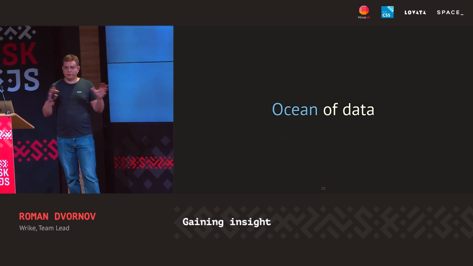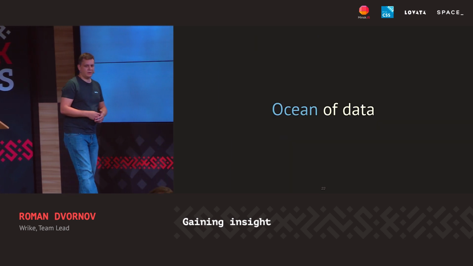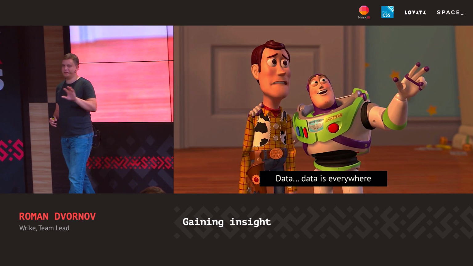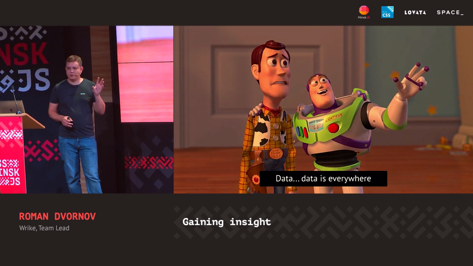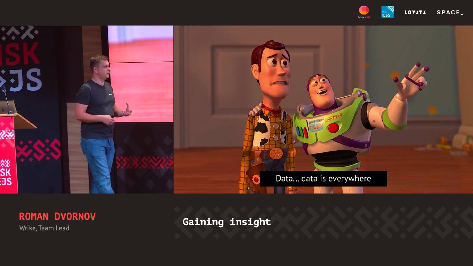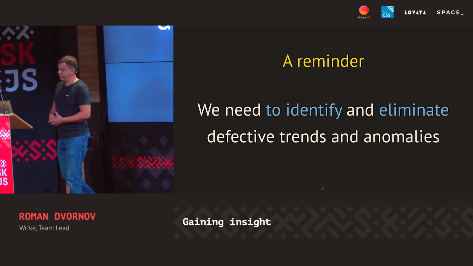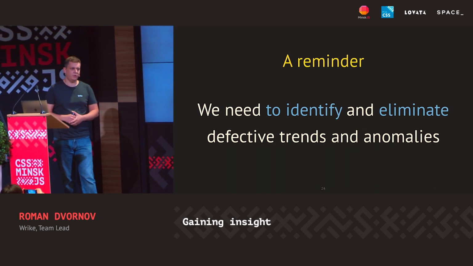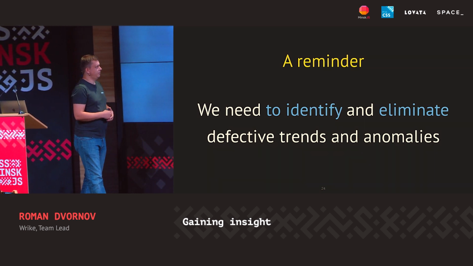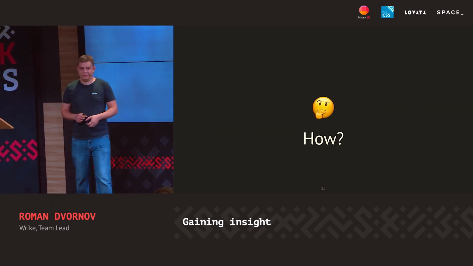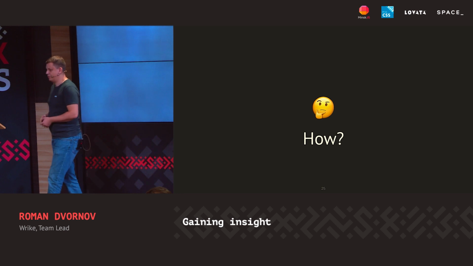Actually, it's an ocean of data around us as developers, and I can say that data is everywhere. And a little reminder again, fuzzy R&D is about identifying and eliminating defective trends and anomalies. But how can we solve this problem?